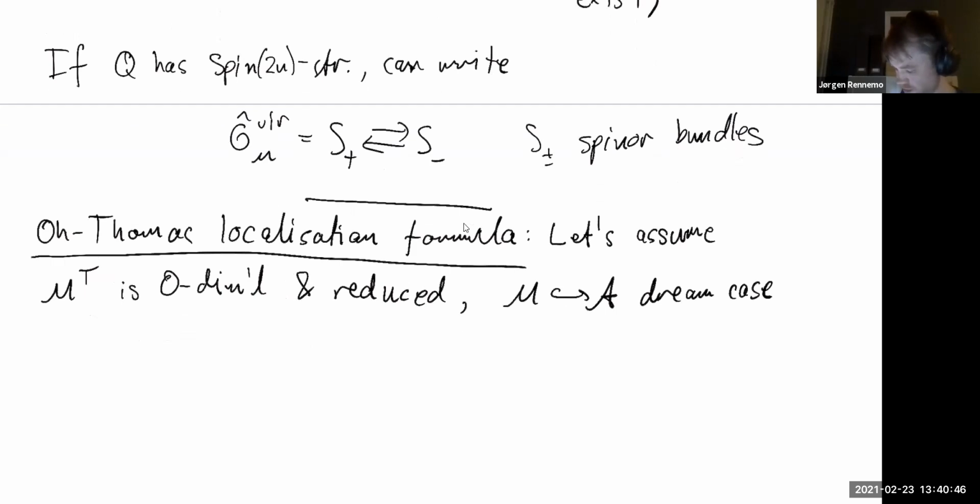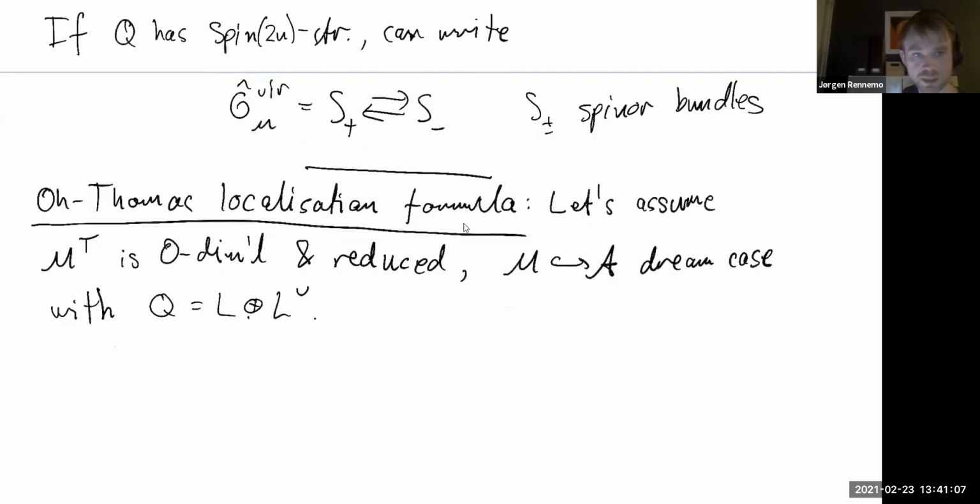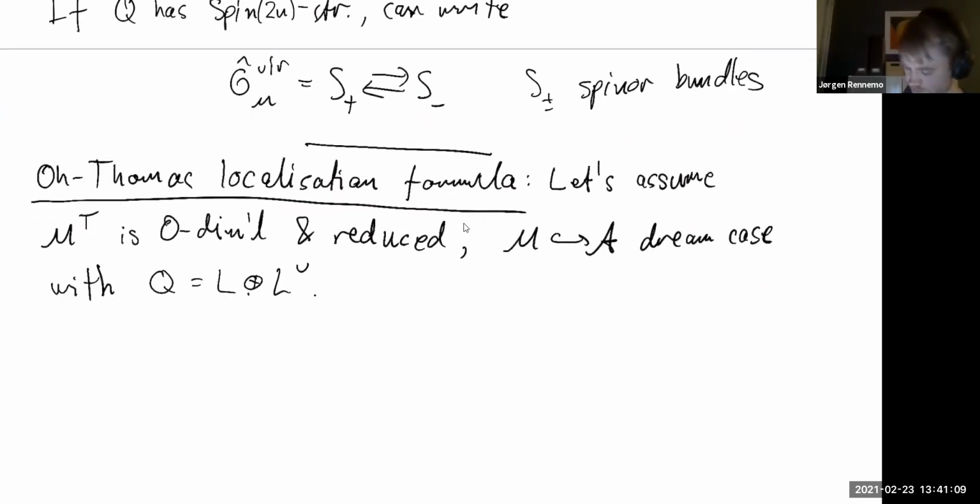So we have this maximal isotropic L inside of Q. Sorry, let's do something even better and say we have Q. All of this can be weakened, but let's keep it as simple as we can.